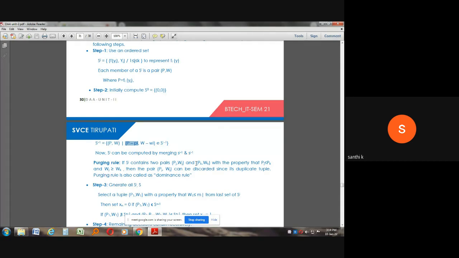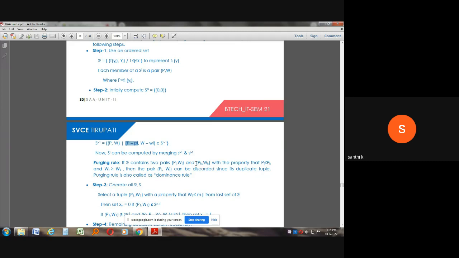So in the set S power i, if we have two ordered pairs pj comma wj and pk comma wk, and if they satisfy the condition that the profit pj is less than or equal to pk but at the same time wj is greater than or equal to wk, then we have to remove the ordered pair pj comma wj. That is called the dominance rule.